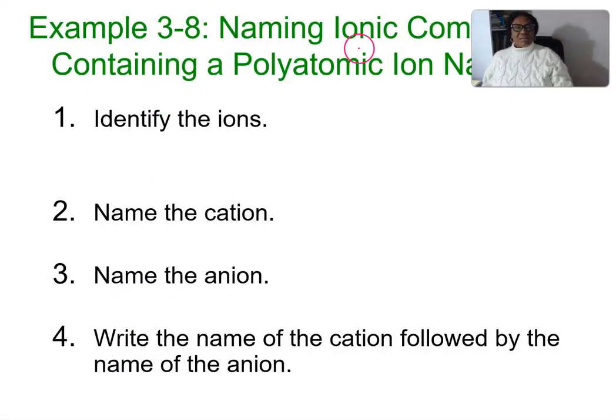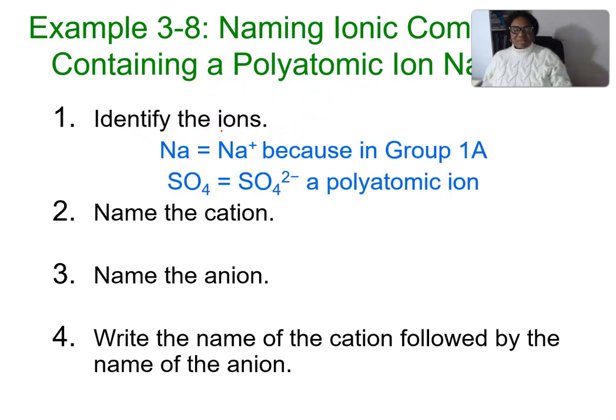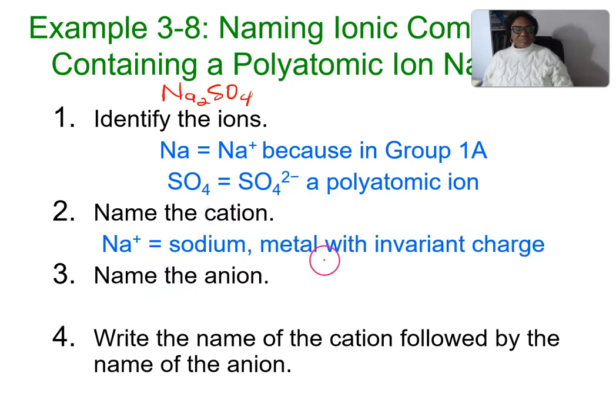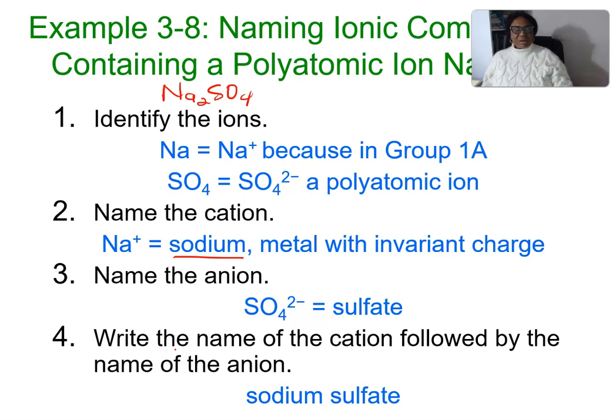So let's see how we can name ionic compounds containing polyatomic ions. Identify the ions. That's the first thing you do. For example, we want to do this. So identify the ions. The cation is this from group 1, and the polyatomic ion is this. Name the cation. The cation, invariant charge, the cation is sodium. The anion is sulfate. The name of the compound is sodium sulfate.